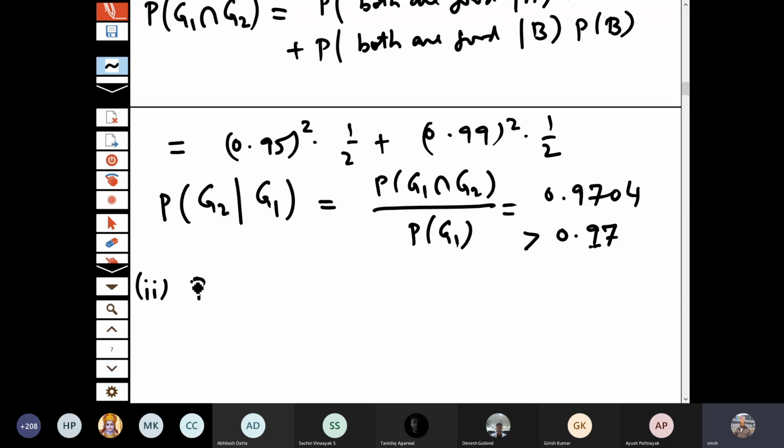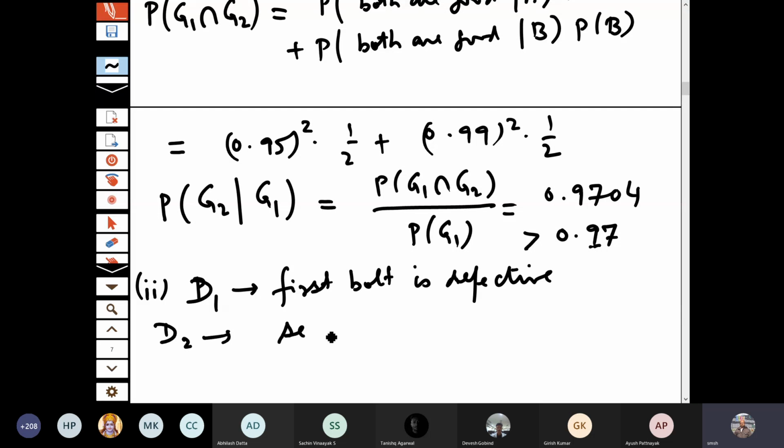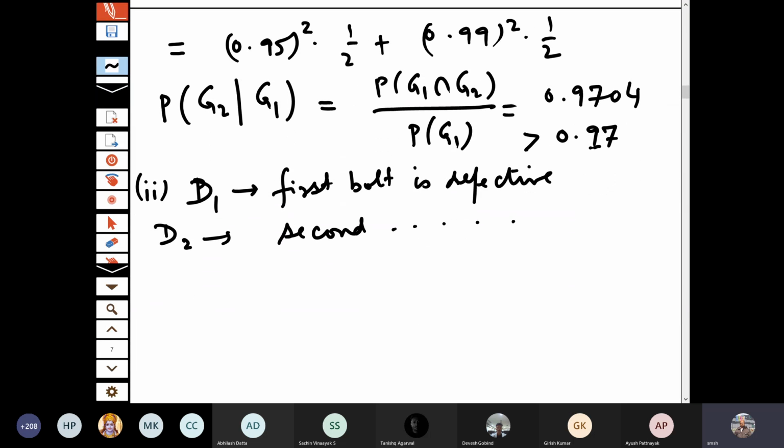In a similar way, if I say D1 is that the first bolt is defective, and D2 is that the second is defective. Okay. So what is the probability of D1?